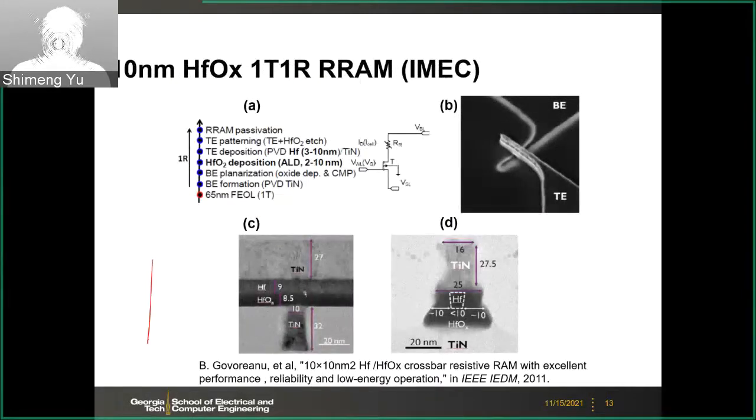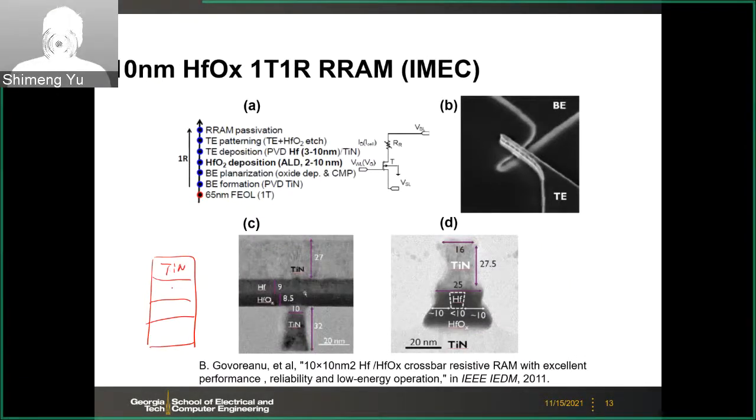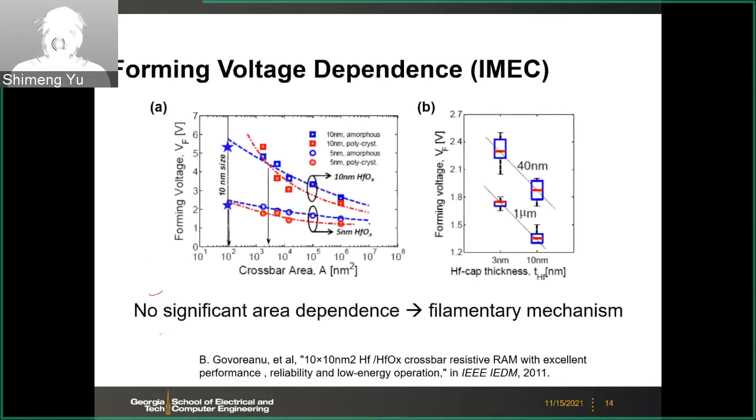And the device structure is similar to the EFlash device reported earlier. The only difference is that in the IMEC stack, they change the capping layer to a hafnium capping layer. So in their device structure, they have top titanium nitride, and then this capping layer becomes hafnium metal, and then you have hafnium oxide, and then bottom titanium nitride.